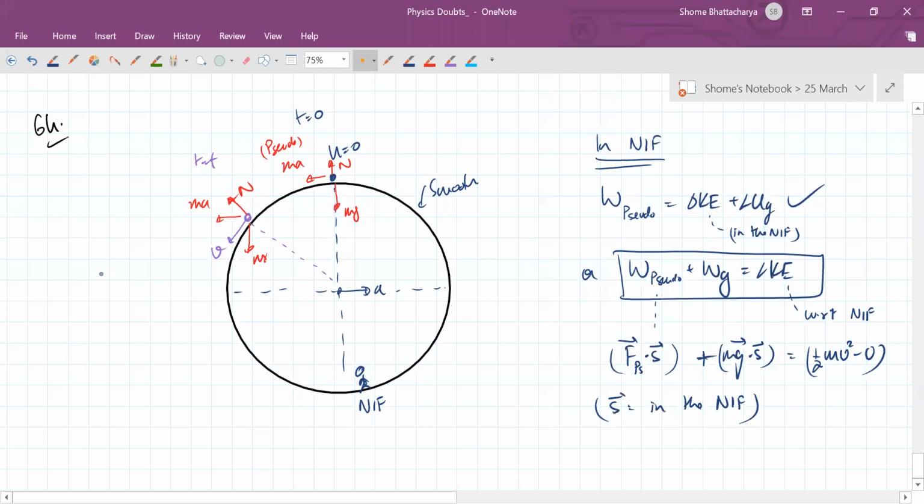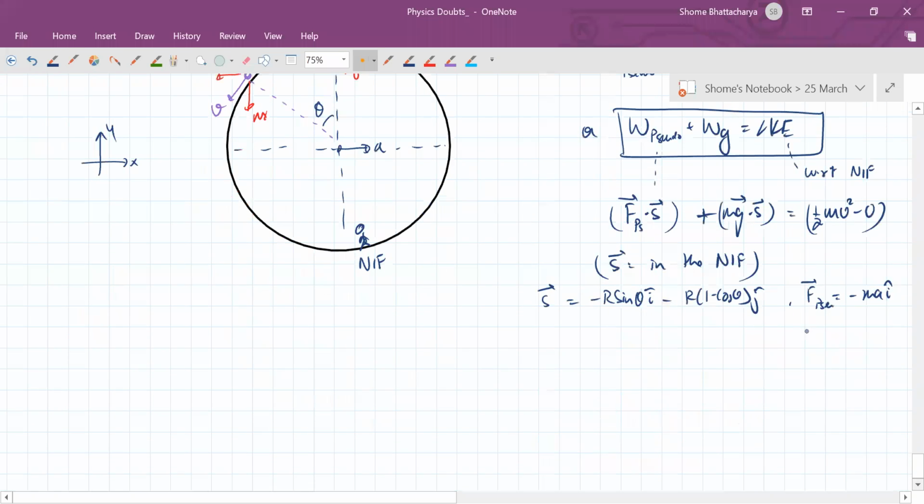So if you take X and Y axis like this, you can see that the displacement, where this angle is theta, is minus r sine theta i cap minus r into 1 minus cos theta j cap, and the pseudo force is minus ma i cap, and mg is minus mg j cap. So this equation is reduced to this.